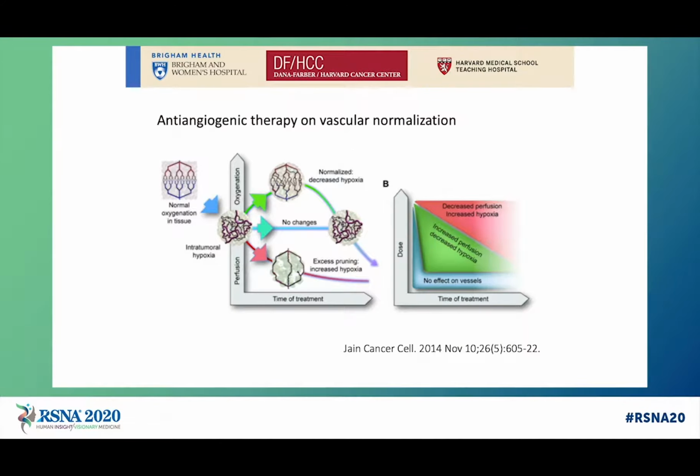There are preclinical data showing high dose or prolonged anti-angiogenic therapy can lead to excess vessel pruning, decreased perfusion, and increased hypoxia, and these changes can drive tumor growth.